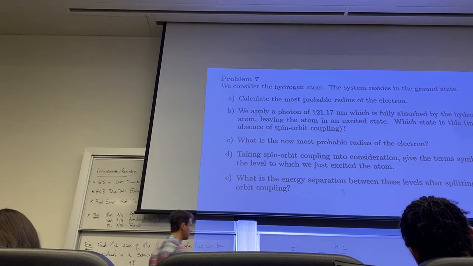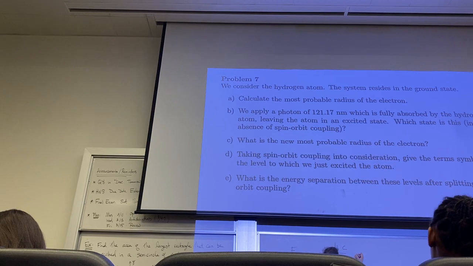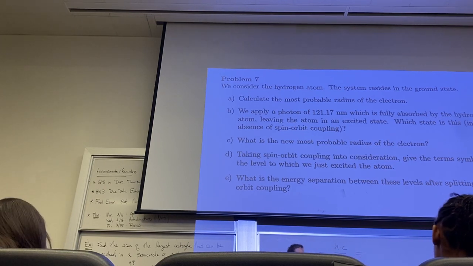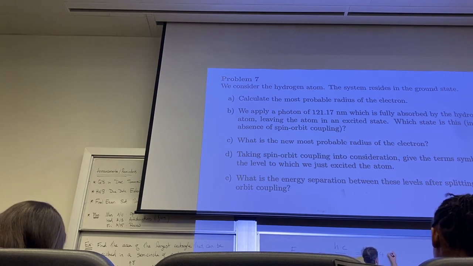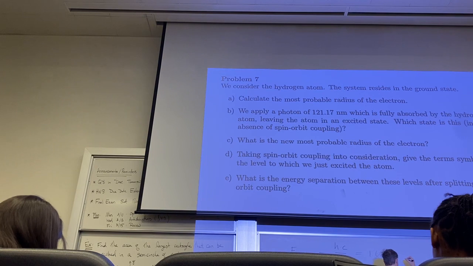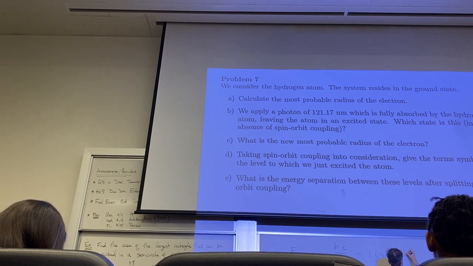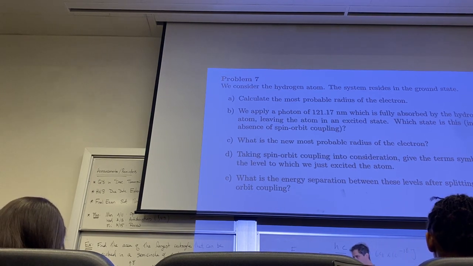And I can compute that because I have an actual value for lambda, and for h, and for c, and therefore my good friend the calculator could tell me what the energy is. 1.64 times 10 to the minus 18 joules.